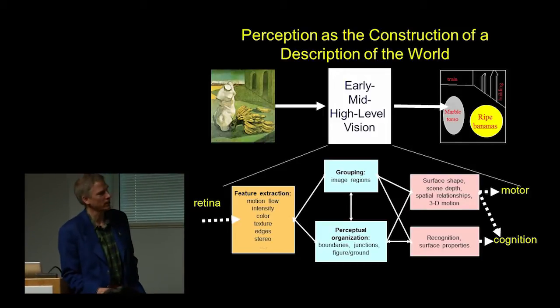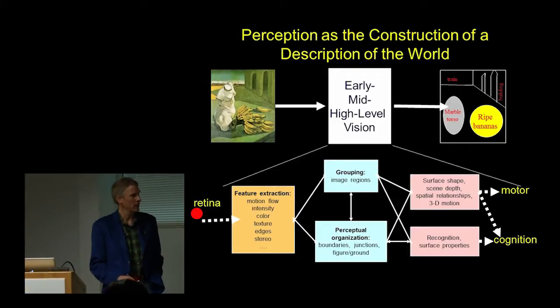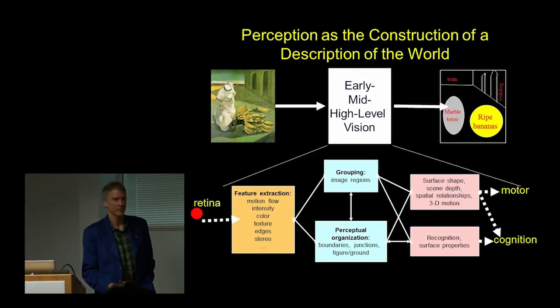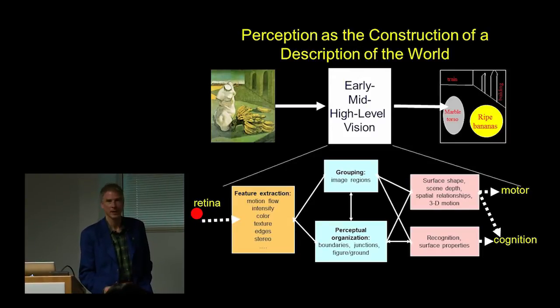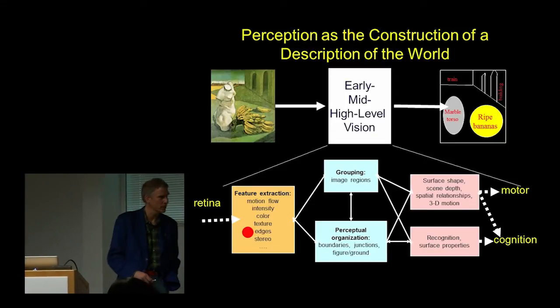The early stage involves things that we do in the retina or very early on, where we acquire information about some of the raw features that make up visual information. For instance, changing intensities that we interpret as motion or motion flow, the intensity of pixels in the world, their color, their texture, particularly the existence of edges. Right here you have these very sharp edges. In the Turner painting you had very few edges, but of course you can still recognize things.